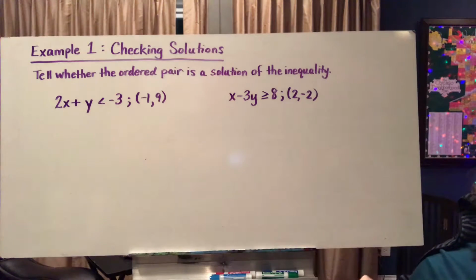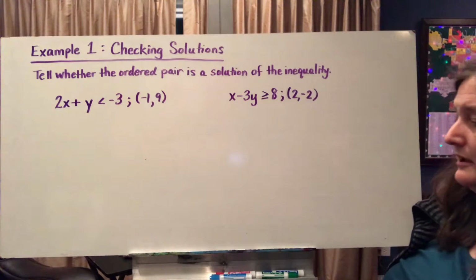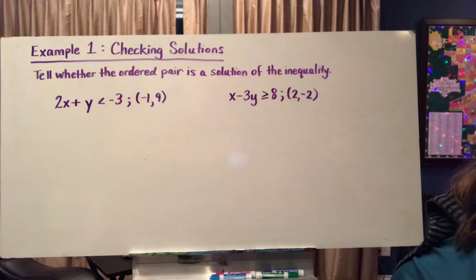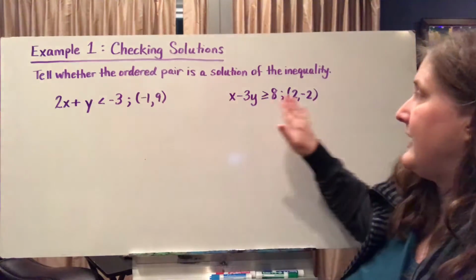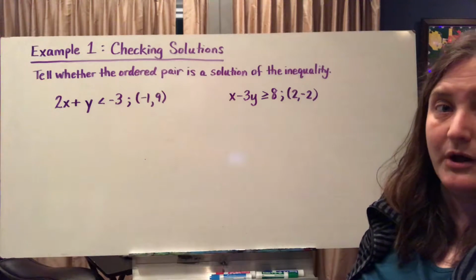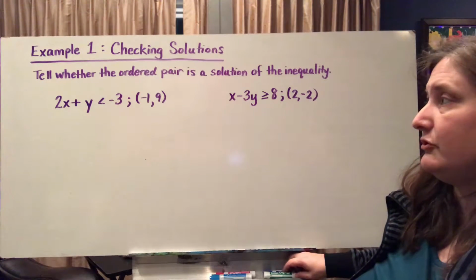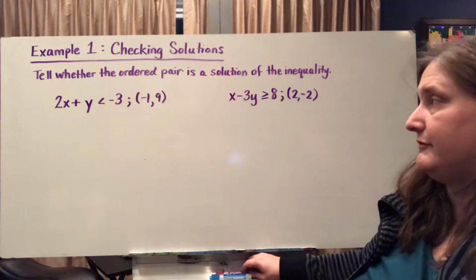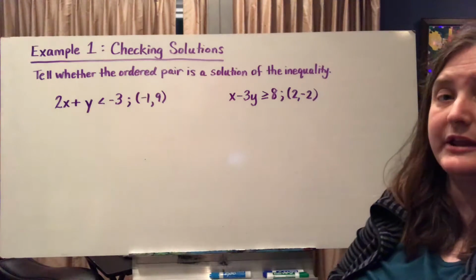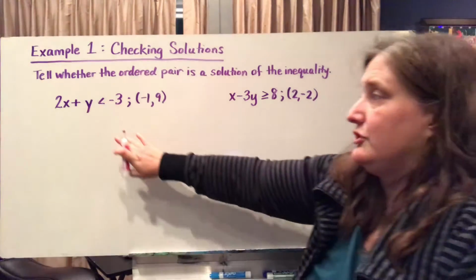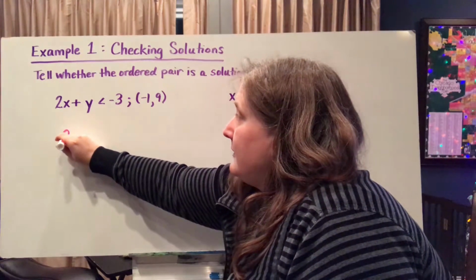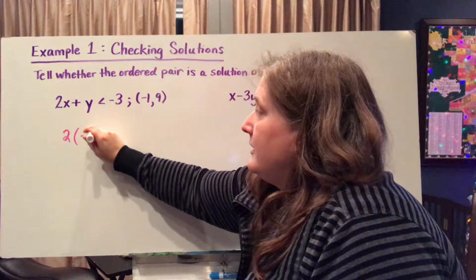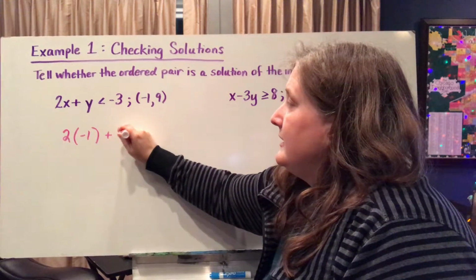So we're going to start off by looking at some linear inequalities in two variables and trying to see whether this ordered pair is actually a solution of the inequality. Let's start with 2x plus y is less than -3. We want to know if -1, 9 is a solution for this linear inequality. For x, I'm putting in the value -1, and for y, I'm putting in 9.